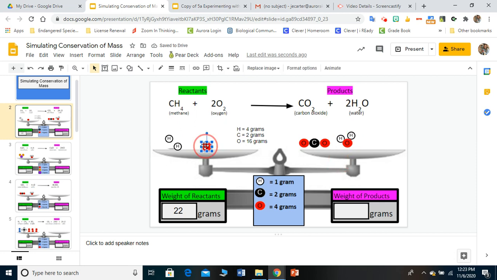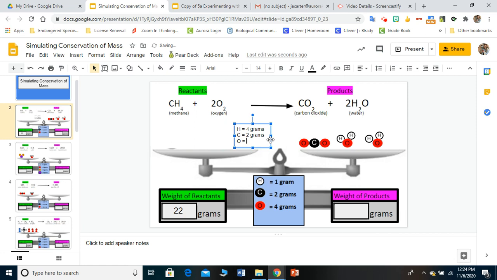Now time to make my second molecule of H2O. And now I need to add up the mass of my products. I'm just going to use this same box that I was using earlier.